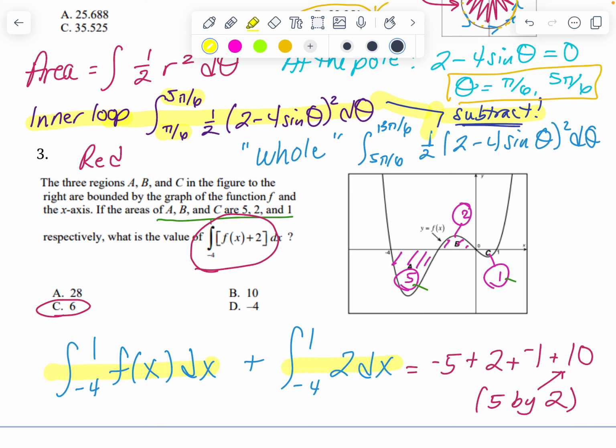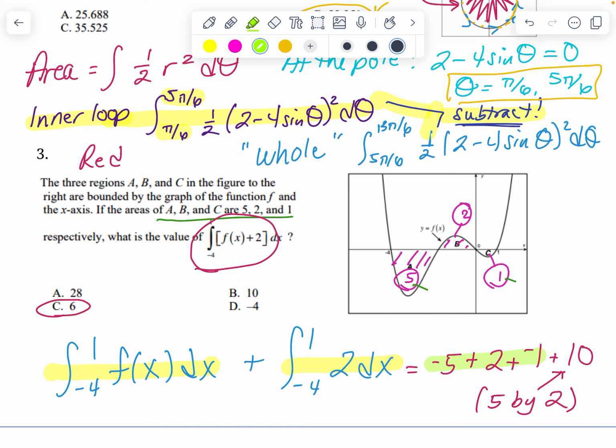this integral separately. The first integral, I just took as the 3 different regions with signs assigned accordingly, because -4 is less than 1, so everything is going to work, so positive is above the axis, negative is below the axis.